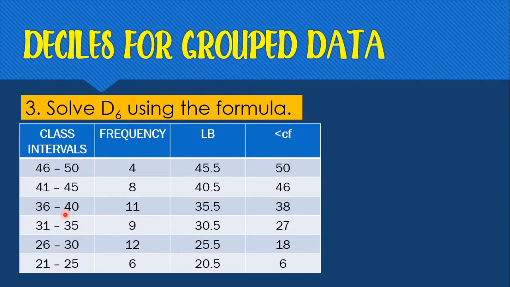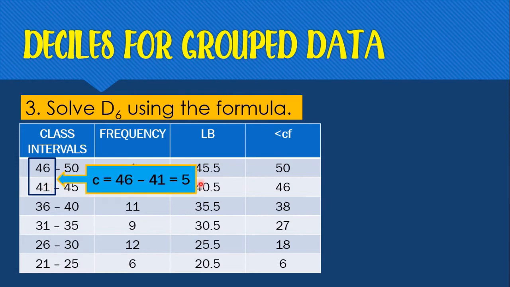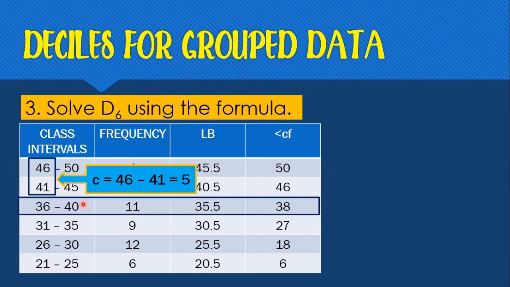So from the given table, let us use 46 and 41 as our lower limits to find the class size. So 46 minus 41, that is equal to 5. And then again, we have our D sub 6 class 36 to 40. So the frequency to be used is 11.